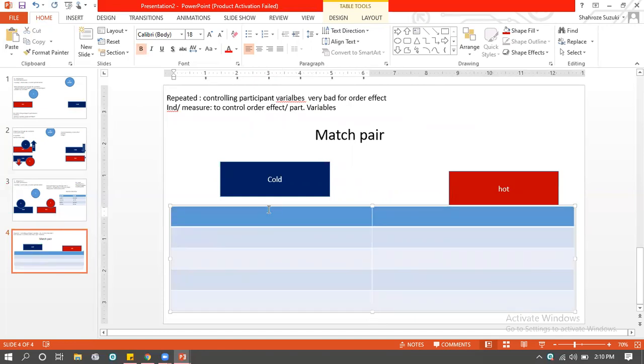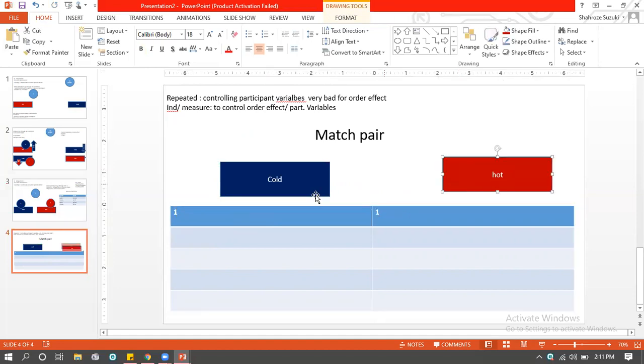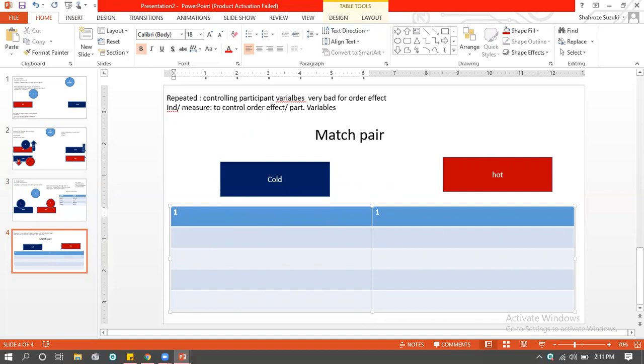So in the cold condition, let's suppose we have participant number 1. Overall we should have 10 participants, so 5 in each. Participant number 1 over here is gonna be male. As we discussed, putting all the males in the cold condition will be unfair, and putting all the females in the hot condition will be unfair.